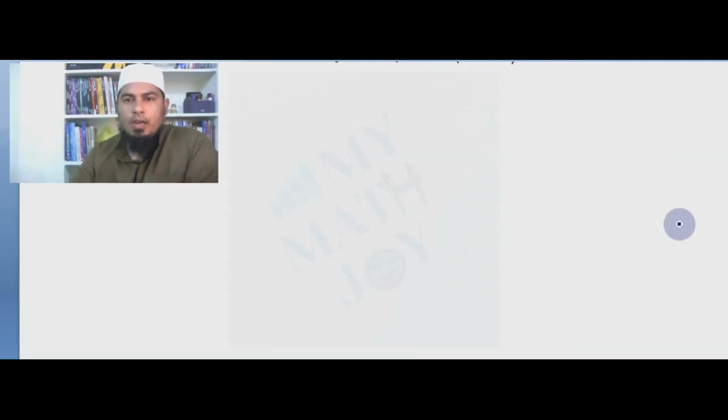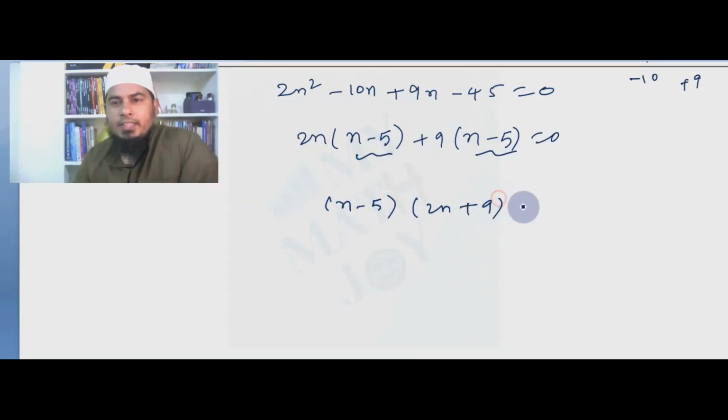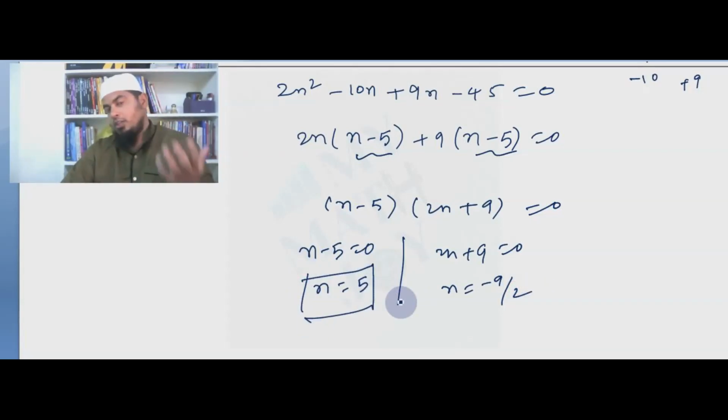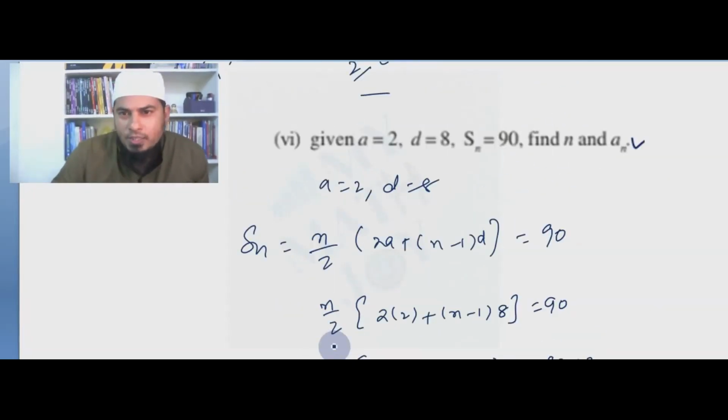If you are proceeding and your brackets come the same, it means you are going correct. Take that bracket common. The product of two terms is equal to 0, so n minus 5 is 0, n is 5, or 2n plus 9 equals 0, n is minus 9 over 2. The n value always has to be a positive integer, so you take n is 5. In this way we can solve and get the answer.